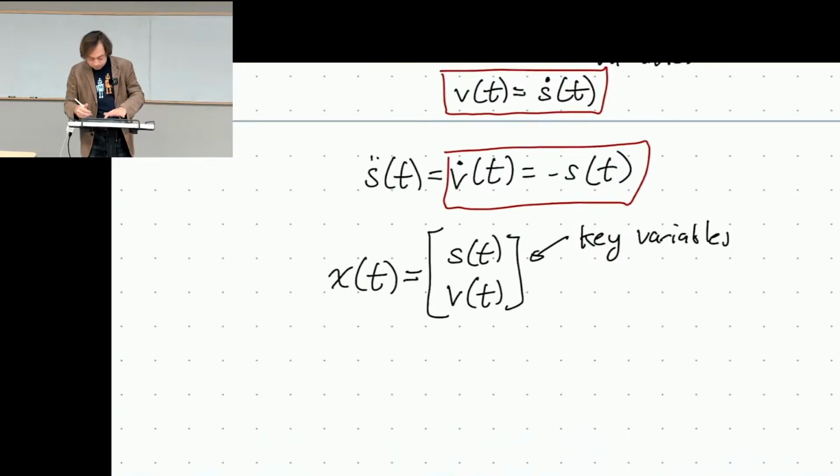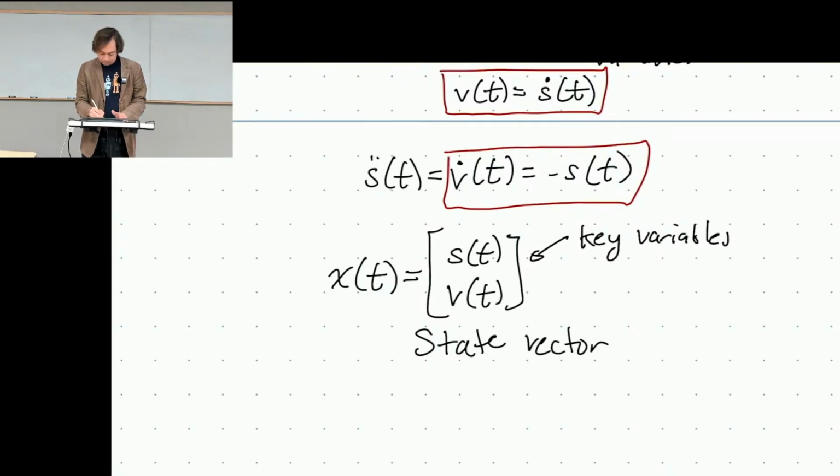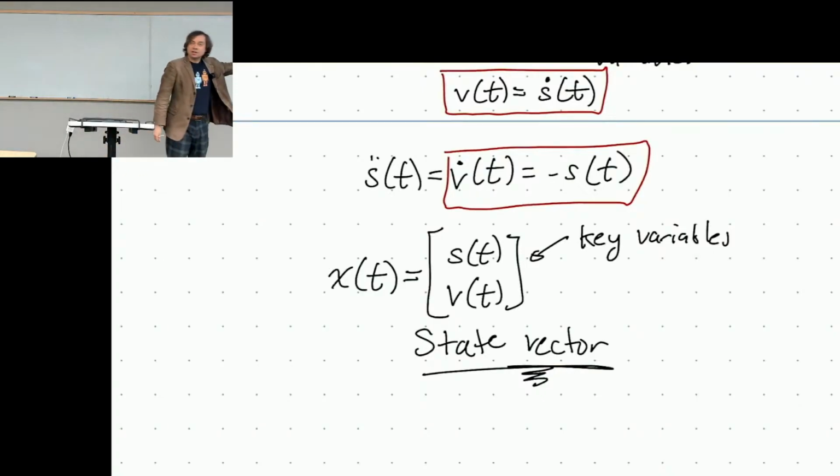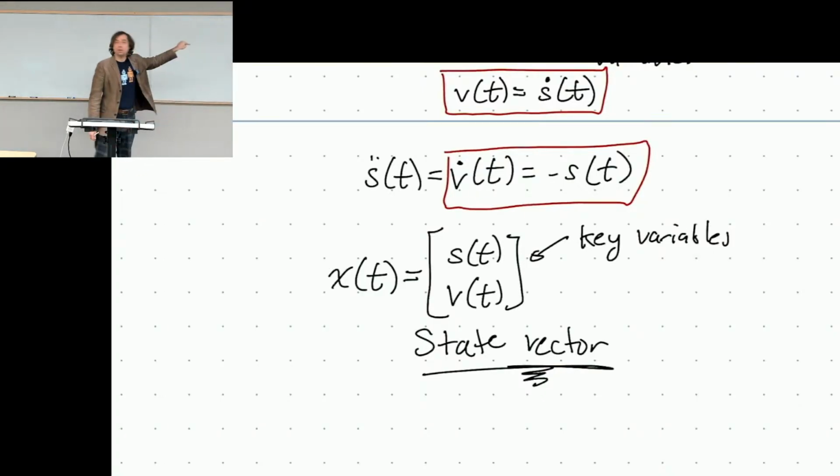Okay? I have walked you backwards into this concept that's super important in controls called a state vector or state space. This is called a state vector. In essence, we have just created a vector that contains every important variable that we need to solve the differential equations using first-order techniques.